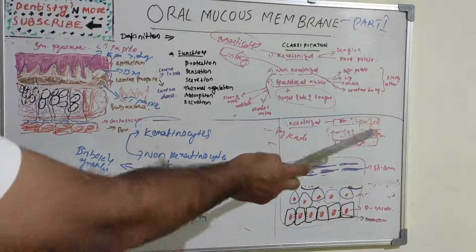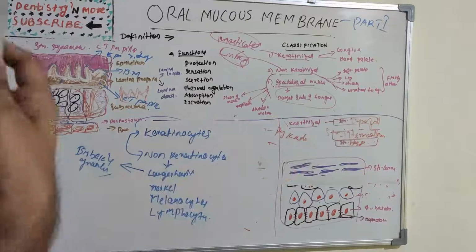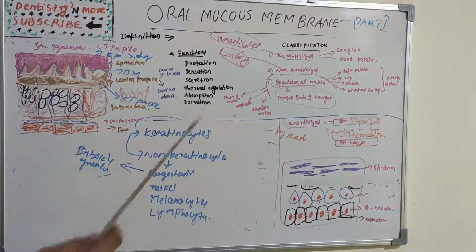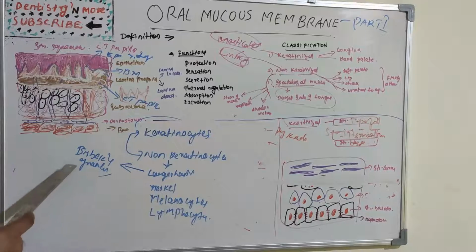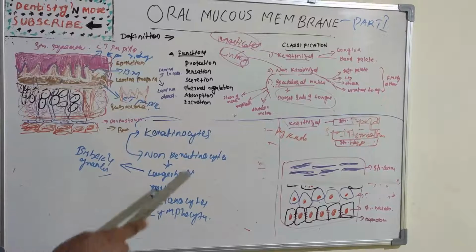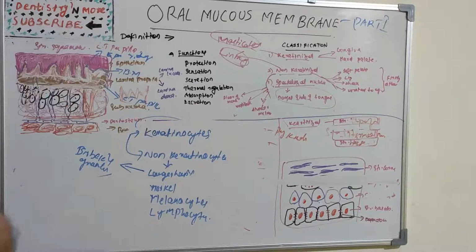In non-keratinized, stratum basale, stratum intermedium, stratum superficiale, and keratohyalin granules, Birbeck granules, Merkel cell, melanocytes, Langerhans cells, and epithelial ridges, connective tissue papillae. So lots of questions will be asked from this session.